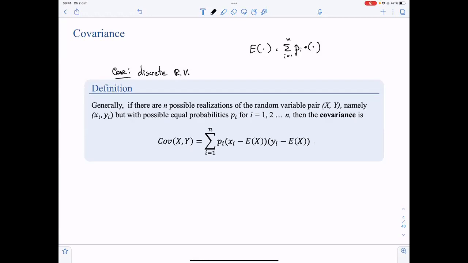If you'd like to play with that, and again, I made a very awful typo here, very sorry about that, if you simplify this formula, you get the sum of p_i times x_i times y_i minus the sum of p_i x_i times the sum of p_i y_i.